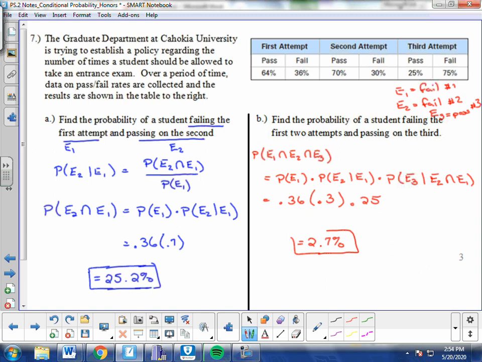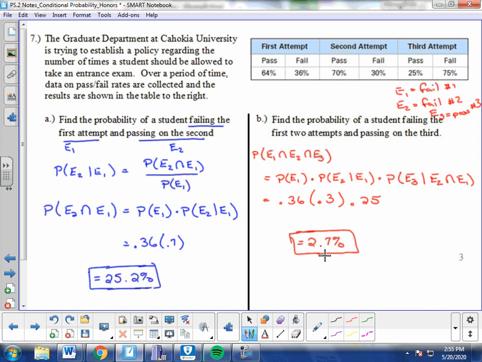So when they're looking at where to limit the number of attempts on an entrance exam, you might cut it after the second attempt, because 25% of the people they admit failed it the first time and then passed the second time.